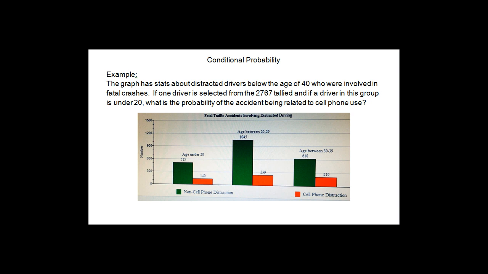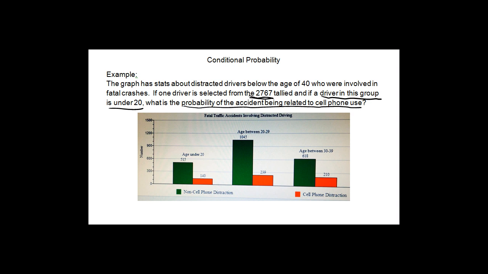And again, we want to go through this and extract the important information. We have a total of 2767. That may come into play. We know that the driver in this group is under 20, and we want to know the probability of the accident being related to the cell phone use.